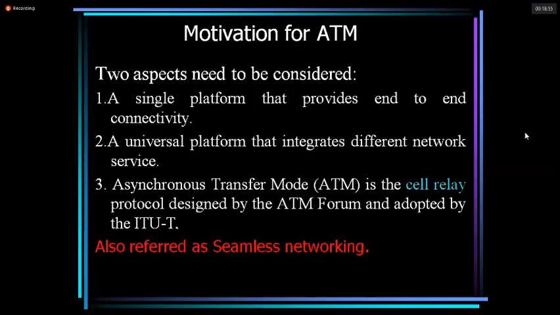ATM stands for asynchronous transfer mode, or you can also call it cell switching or a cell relay protocol, designed by the ITU-T standard. International Telecommunication Union for Telegraphy and Telephony was the body that developed the standard to evolve this ATM network.